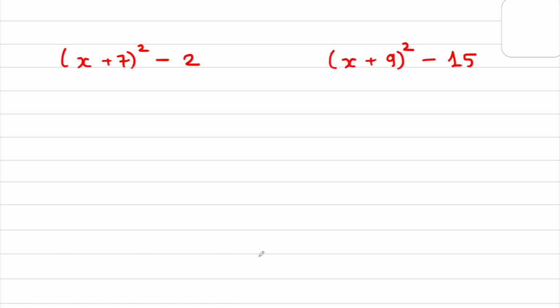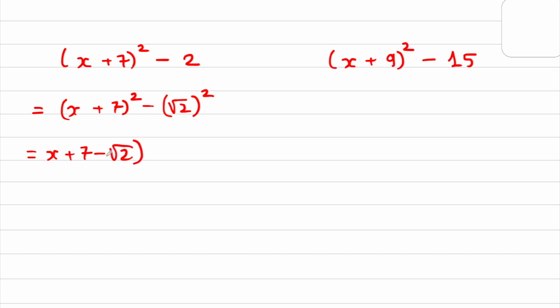The next question, number 2. I think that is now easy for you. x plus 7 squared, square root of 2 and squared outside. So x plus 7 minus square root 2, multiplied with x plus 7 plus square root 2.